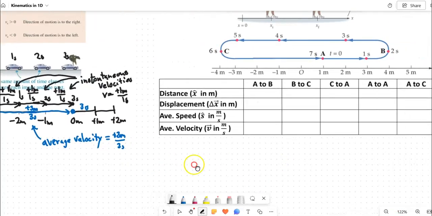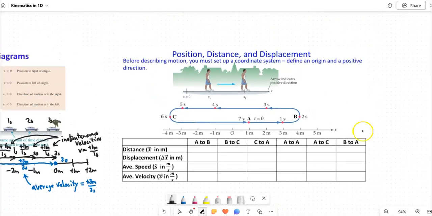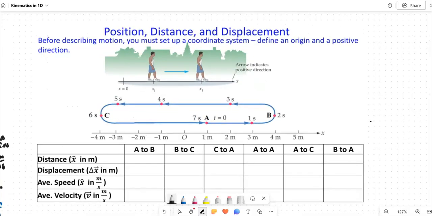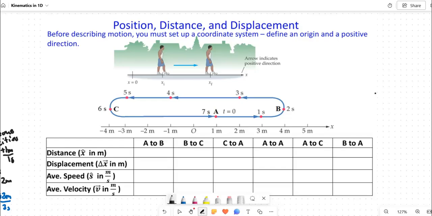Now, we are going to practice this, and I think this is our last exercise, about how position, distance, and displacement are related to each other, again, and how they're related to a motion diagram. So here you're running around a track. You started out at the positive 1 meter mark.